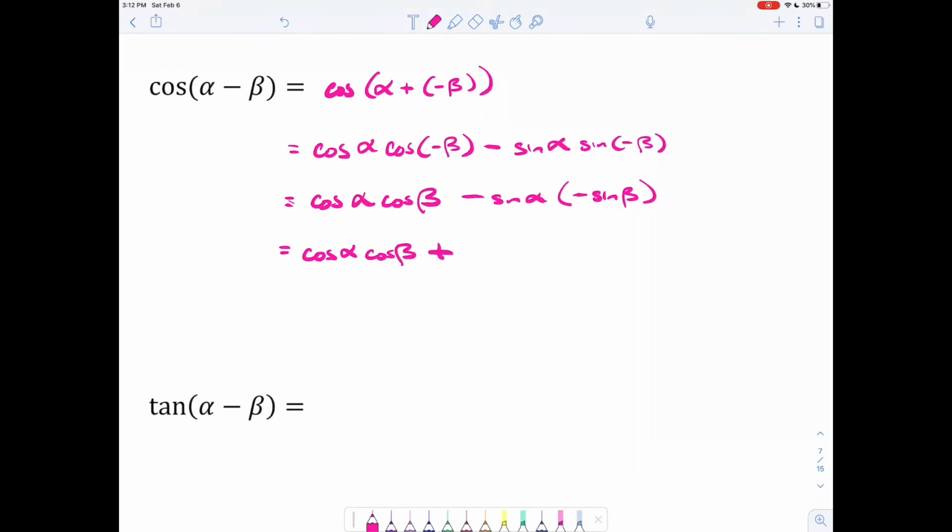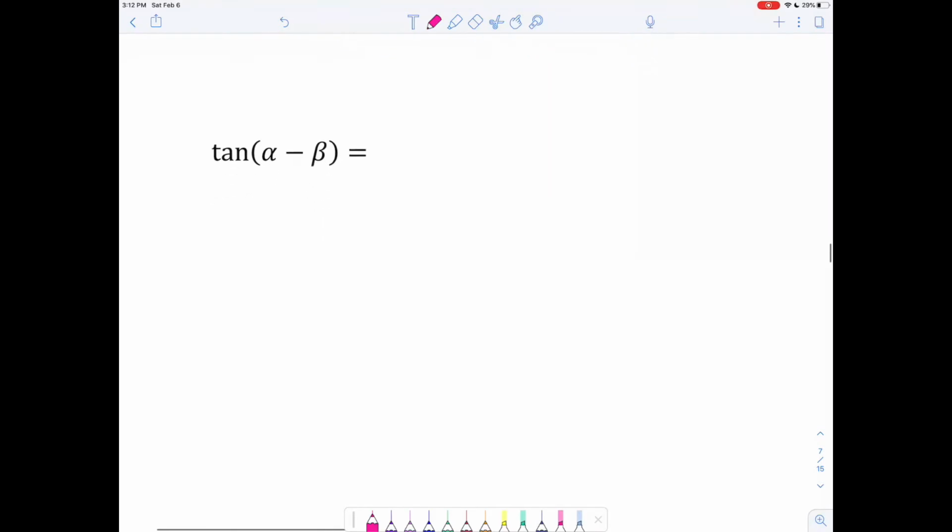This turns into a plus, and then I've got sine alpha sine beta. And that one is done. And the last one is this nasty mess right here. I'm not the biggest fan of double angle, difference angles, or some identities with tan, but yeah, they work out eventually. It'll be fine.